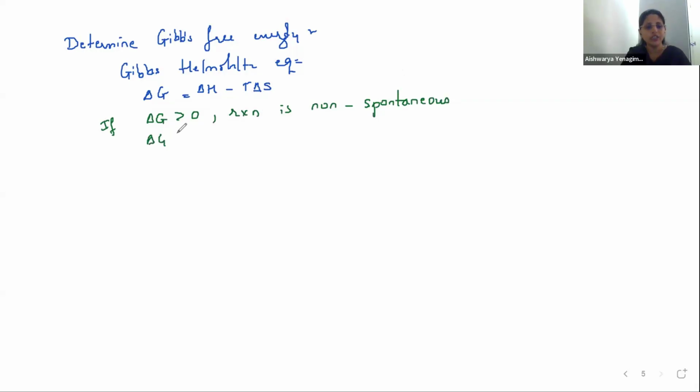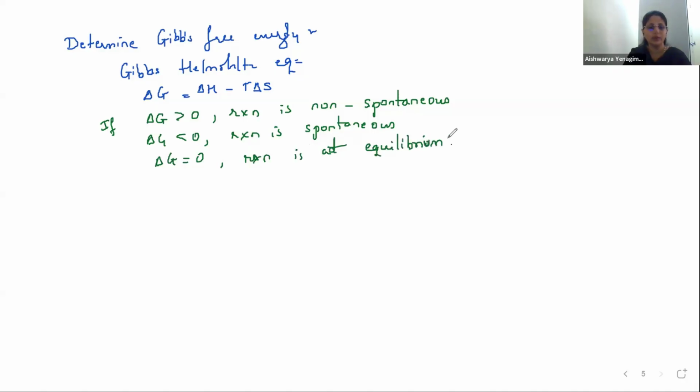If delta G is less than 0, negative, the reaction is spontaneous. We have studied it. And if delta G is equal to 0, what does that mean? The reaction is at equilibrium, correct?